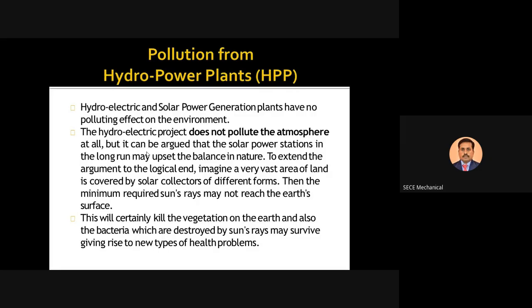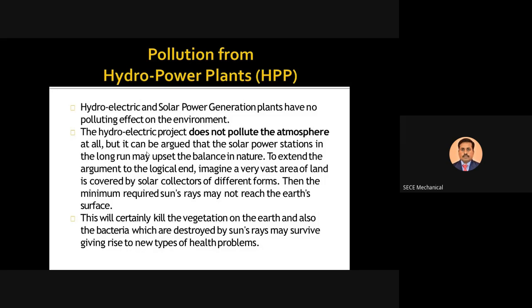This will certainly kill the vegetation on the earth and also the bacteria, because bacteria are destroyed only when the sun rays pass through to the earth's surface. The bacteria which are destroyed by the sun rays may survive, giving rise to new types of health problems.